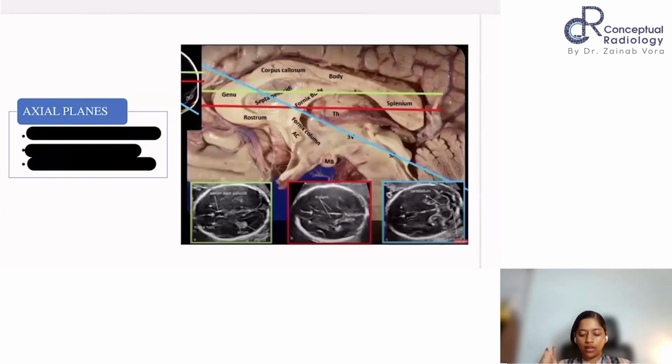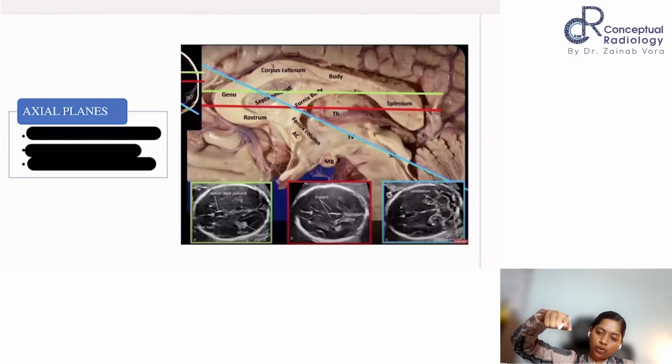So we have a green line, a red, and a blue. The green line corresponds to which axial plane? Very good. So this is transventricular. Then we have the red line that is passing through this structure. Transthalamic.